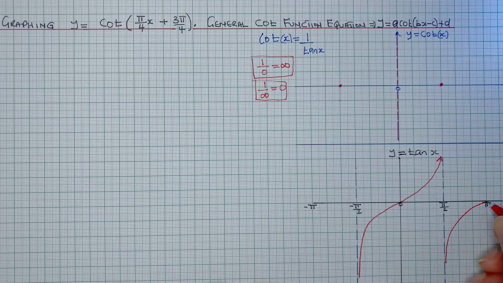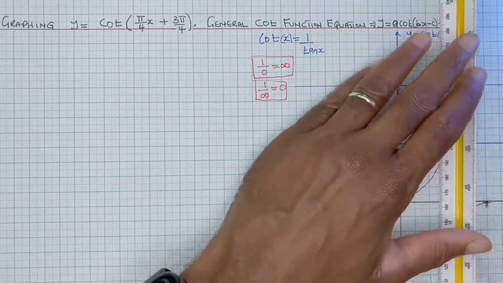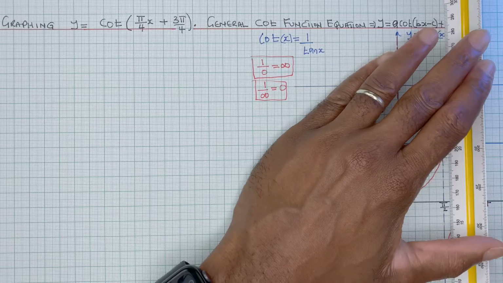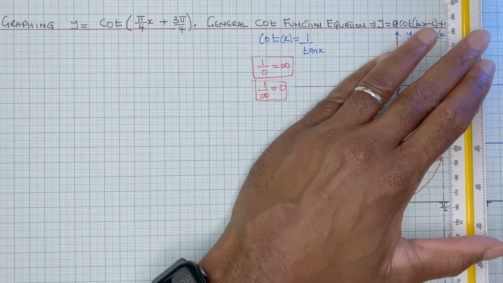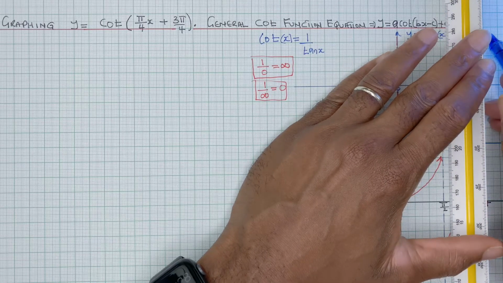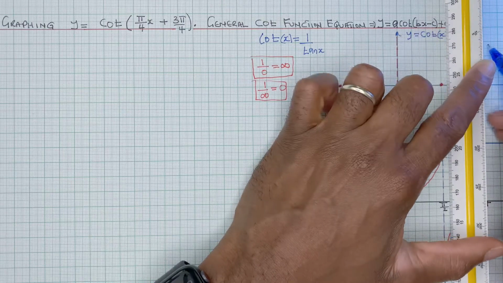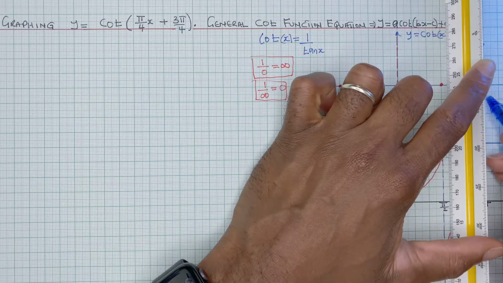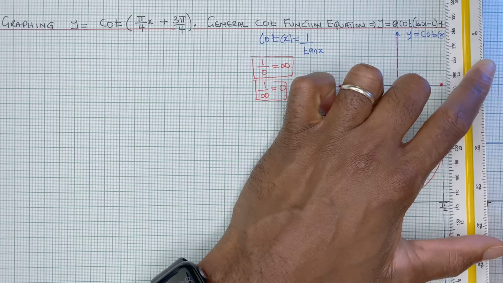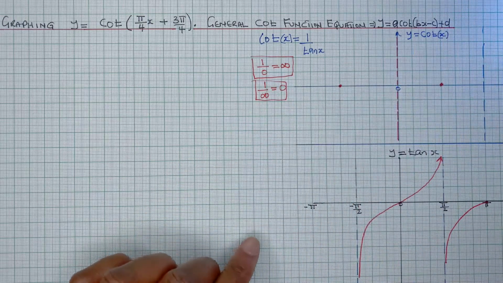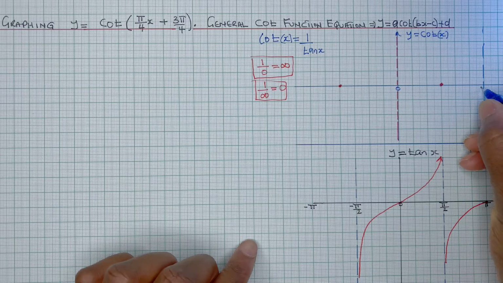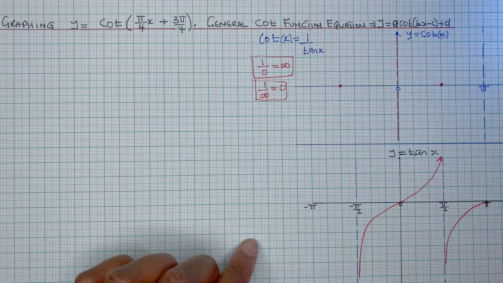So if it goes through 0 there, it has to go through infinity here for cotangent. So now that's the line of infinity for cotangent, and that point is pi, because 1 over 0 is infinity.